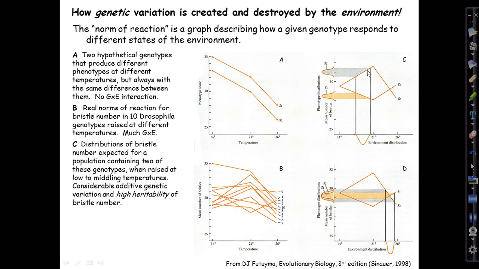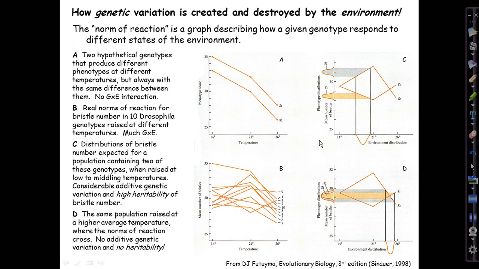Okay, so what's the difference here between C and D? In panel C, the two genotypes produce distinct phenotype distributions. They don't even overlap, right? The means are hugely different. The ranges are completely distinct. That's because the norms of reaction are, in this range of temperatures, far apart from each other. So is there additive genetic variation for the phenotype?